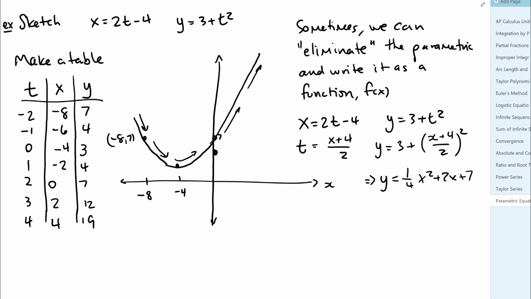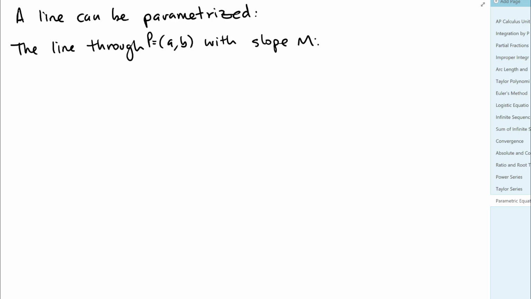And in this case, you'll notice that we have parametrized a parabola. If you want to do this just with a line, it's possible to do as well, and there's a general formula for that. So a line can be parametrized by this.